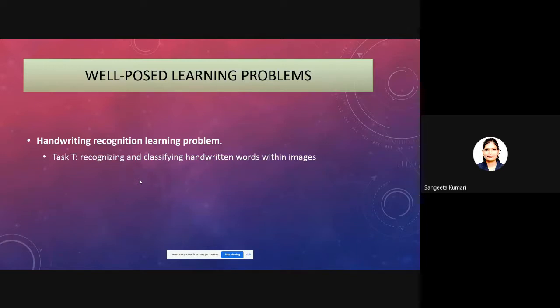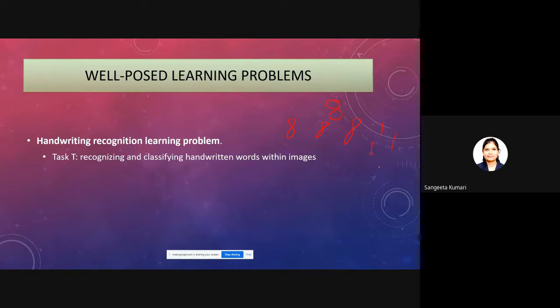So task T could be recognizing or classifying the handwritten words. For example, this is it, this could also be it, or this could also be it, right? Similarly, someone writes like this, someone writes like this.